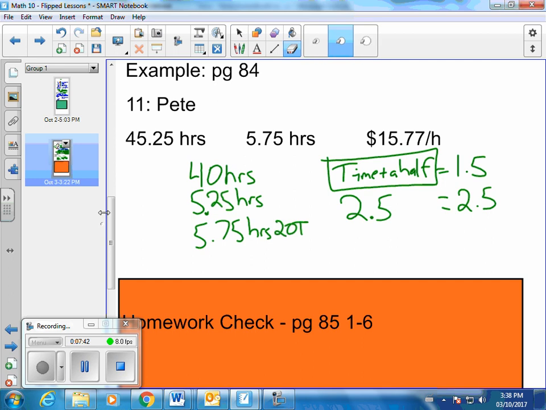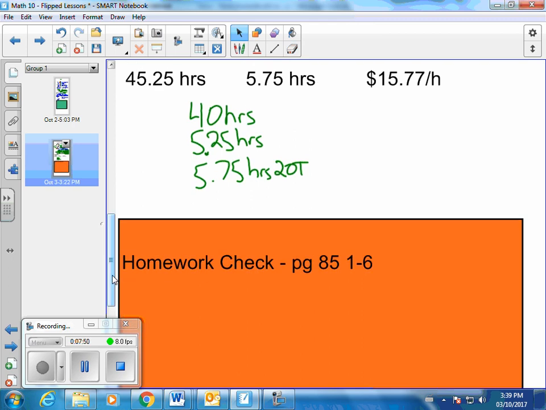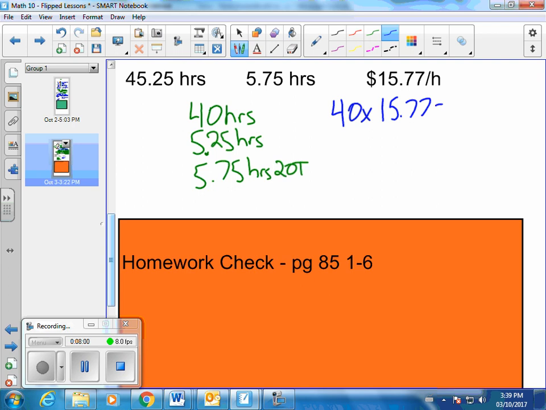So now what we've got to do, and I'm going to let you do all the actual calculations on your own, but what we have to do is set up our equations. So we know that during the 40 regular hours, he gets paid $15.77 per hour. So I'm going to figure out what his regular hours are.